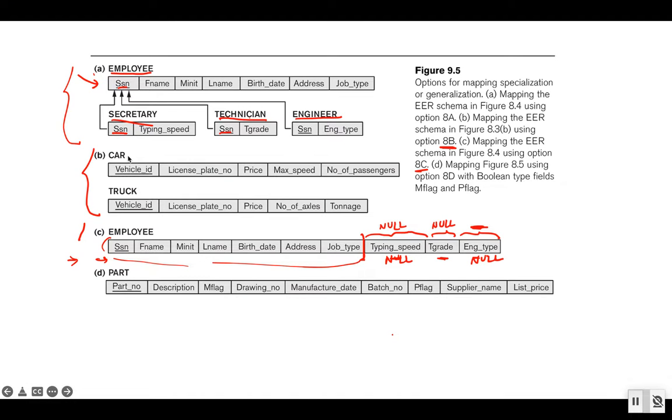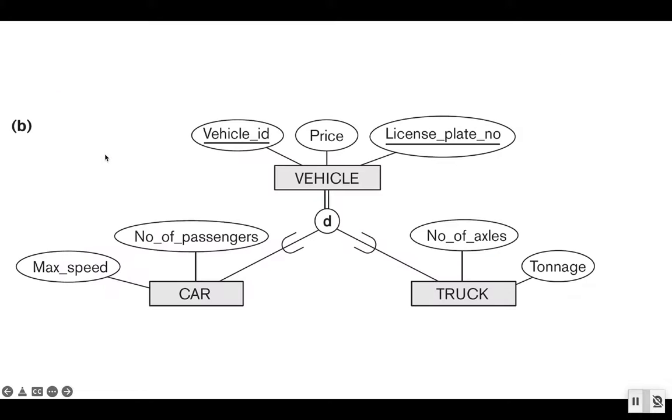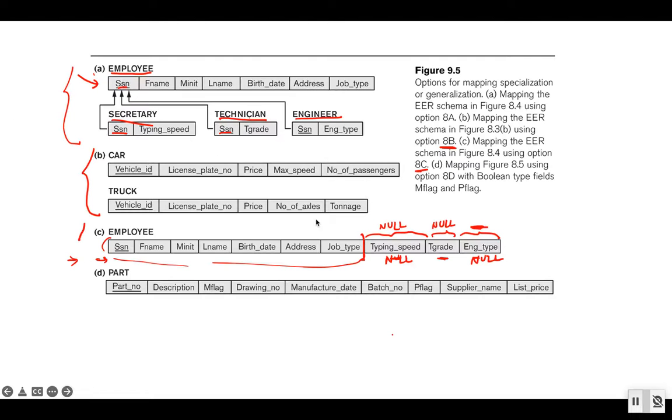Here we have an example of specialization where the general class is the vehicle and the special classes are car and truck. You can see that this is a disjoint specialization. Using option 8b, we can create multiple relations, one for each of the subclasses, so I will have a relation for car and for truck.